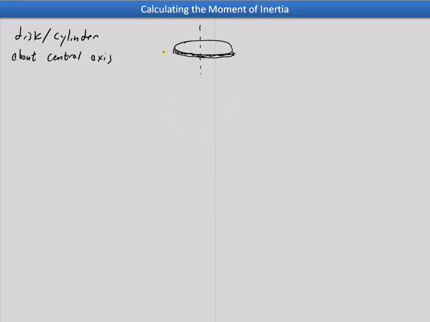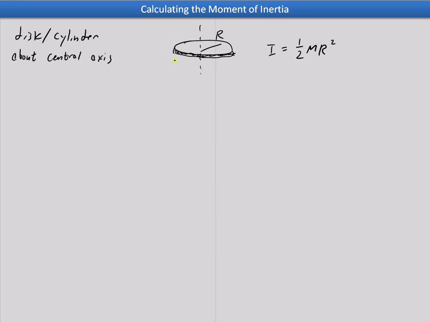It could be a penny, or it could be a can of pop. Anything that has this cylindrical geometry will work here. So the only distance that matters is the radius again. And the moment of inertia is equal to 1/2 total mass times radius squared. I said 1/2 and I wrote 1/3. It should be 1/2. 1/2 MR squared.